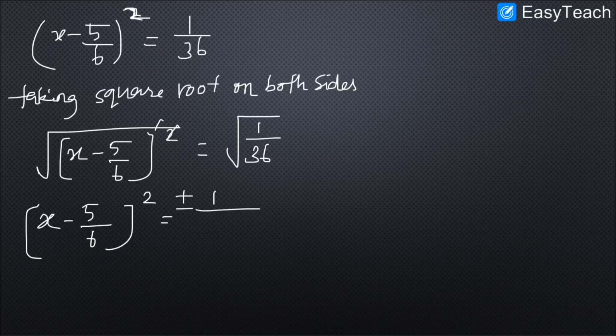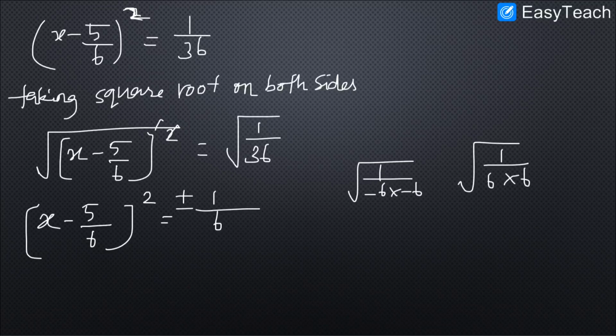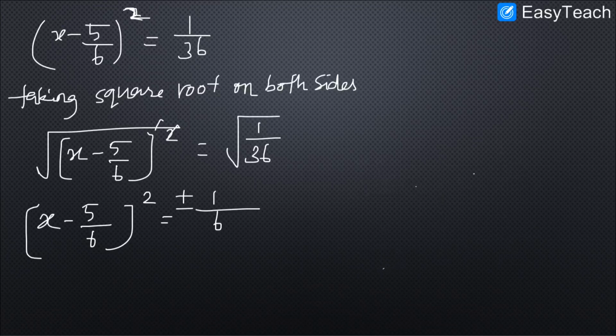We already discussed this in a previous problem. So plus or minus 1 by 6, because 1 by 6 into 1 by 6 gives me 1 by 36, and minus 1 by 6 into minus 1 by 6 is also 1 by 36. So the square root of 1 by 36 equals plus or minus 1 by 6.